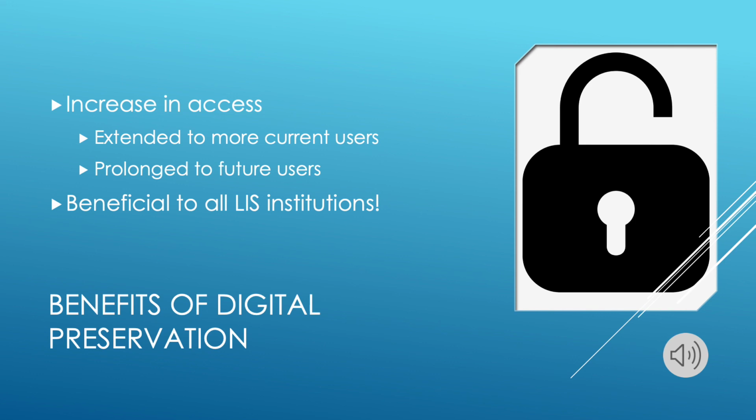Access to information is not only extended to more current users through digital platforms, access is also prolonged to future users, thus contributing to information preservation. We explored these concepts as they relate to federal government information. However, increased access for information users is something that all LIS institutions should strive for, whether that be in a public or academic library, archives, museum, etc.